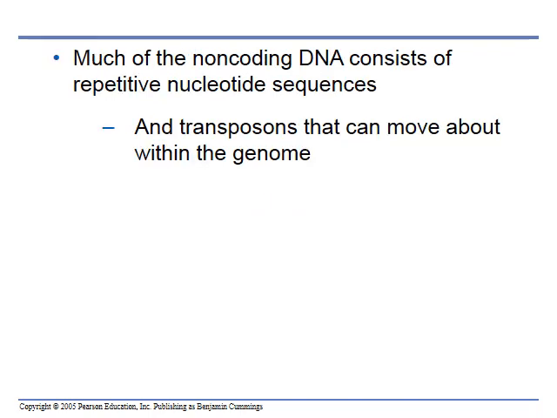Much of the non-coding DNA consists of repetitive nucleotide sequences. So we have some repetitive ones called telomeres on the ends, but you also have these repetitive sequences that in the middle of them, you're going to have something called a transposon. And it's a gene that jumps spots. And the way it jumps spots, kind of think of sticky ends again, right?